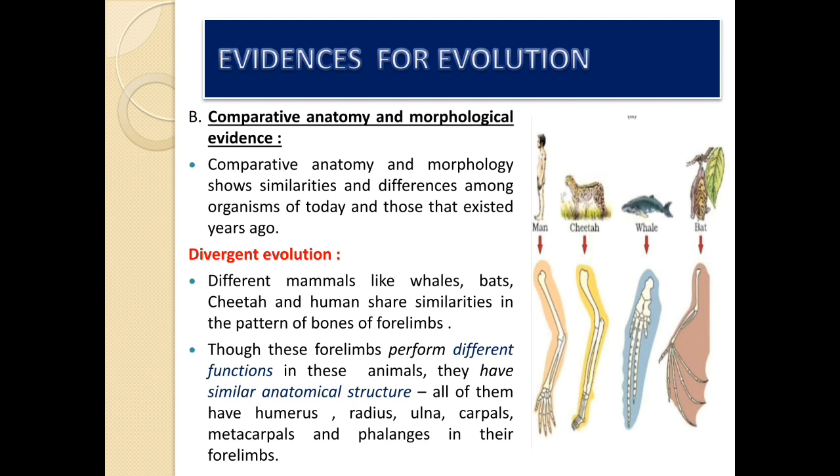Similarly, the bat uses its forelimbs to fly. So you may see that the forelimbs perform different functions, though their structures are similar anatomically.